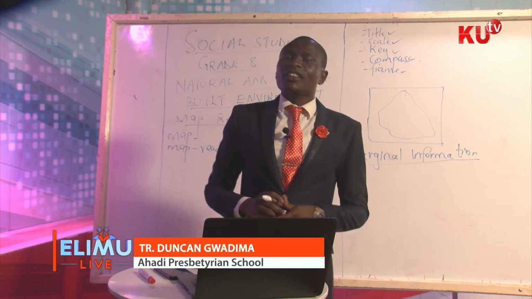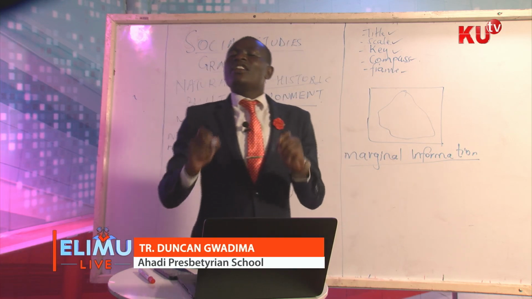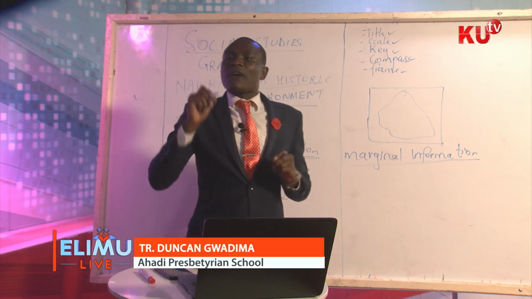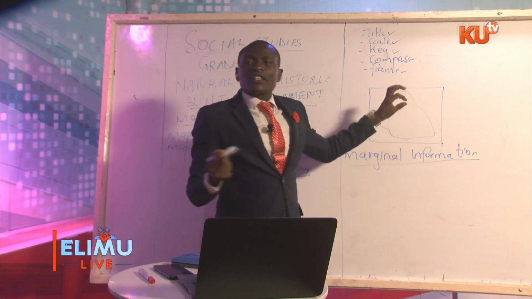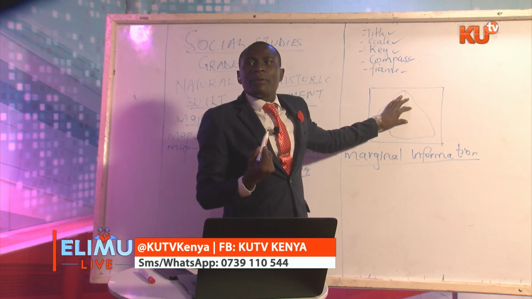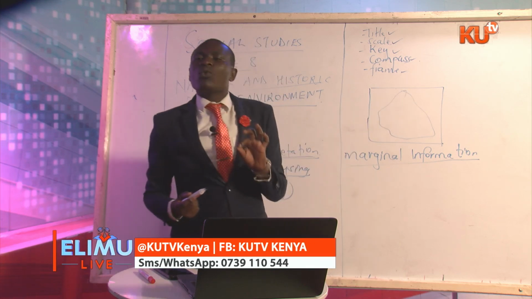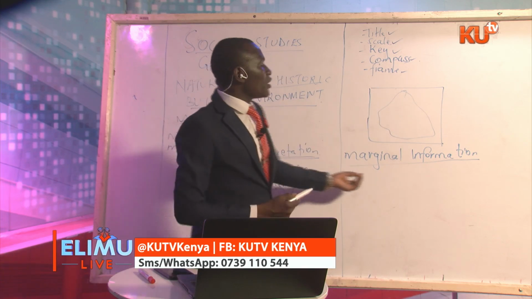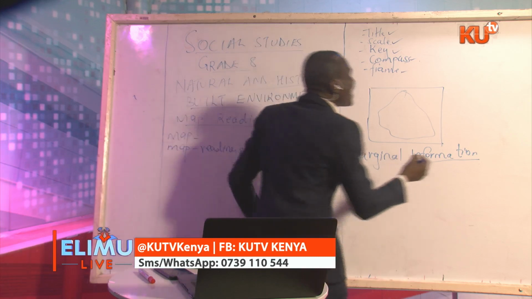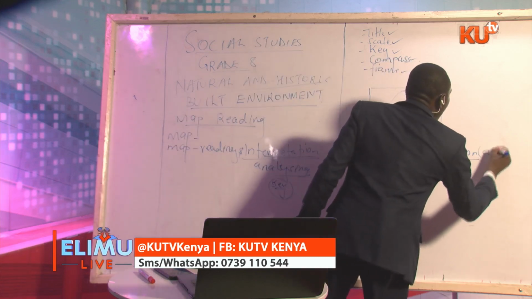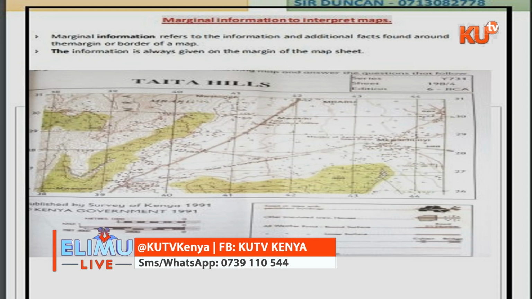Marginal information refers to any information that is not found inside the map, that is not enclosed inside the map. It is additional information. It is found at the margin of a map.